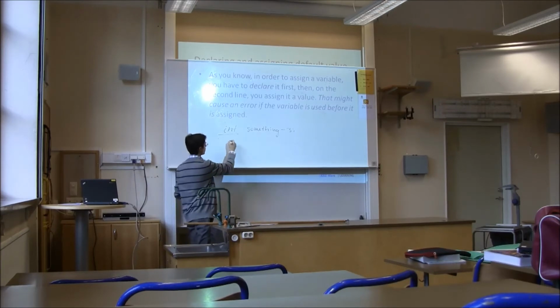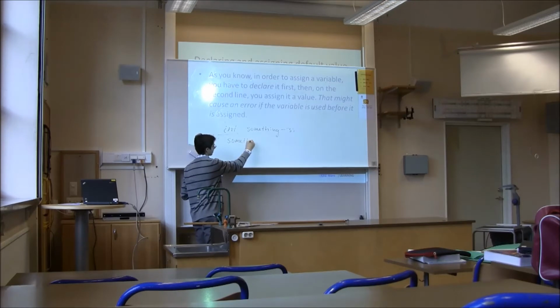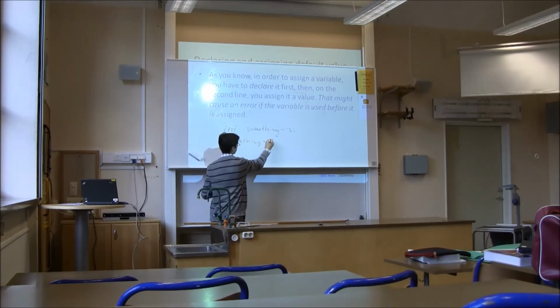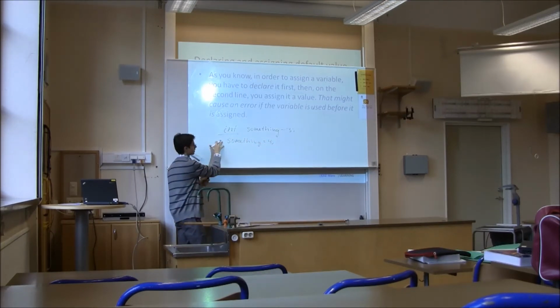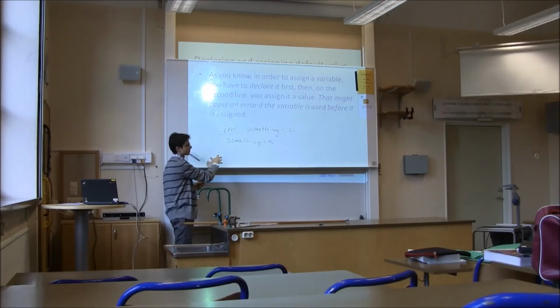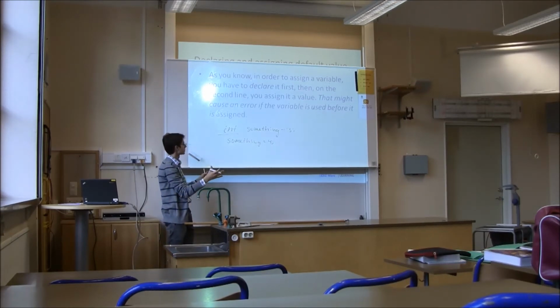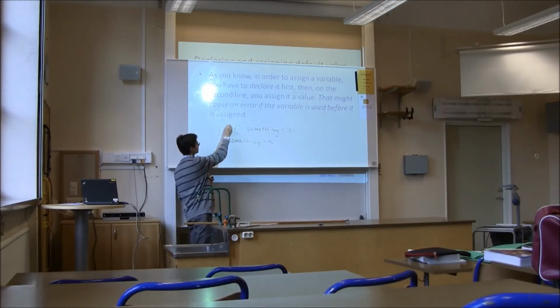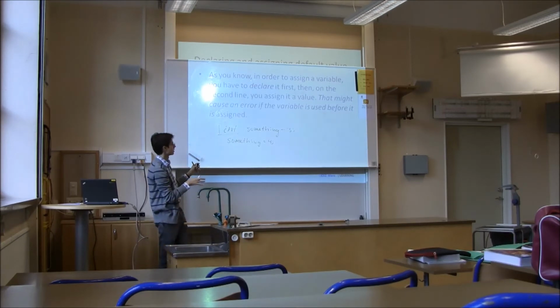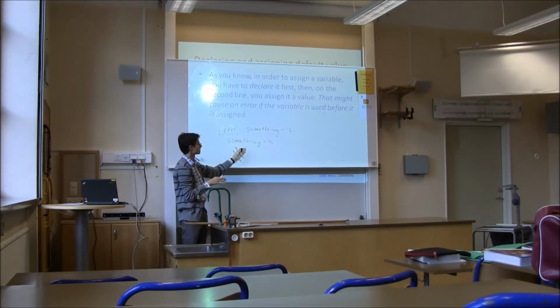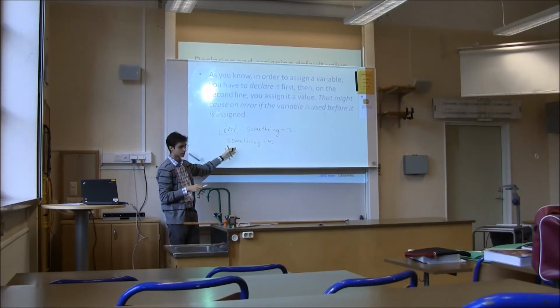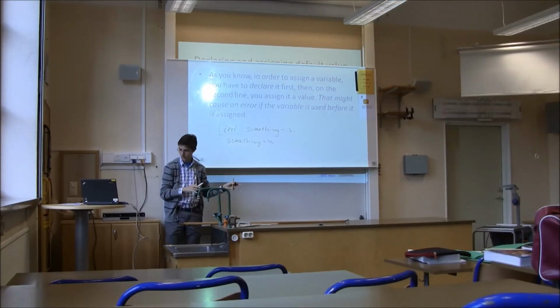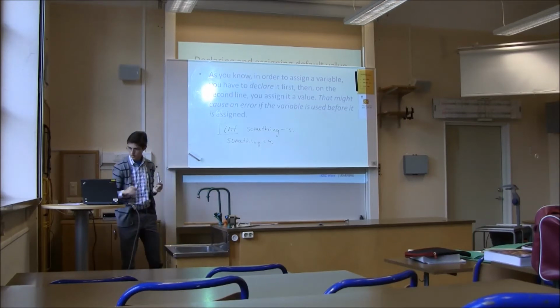But then you can change the value of something. You just write something equals 4 instead. These operations can be performed an infinite number of times, but the declaration needs to be performed only once, so that the system knows that you want to have a variable that's called something.